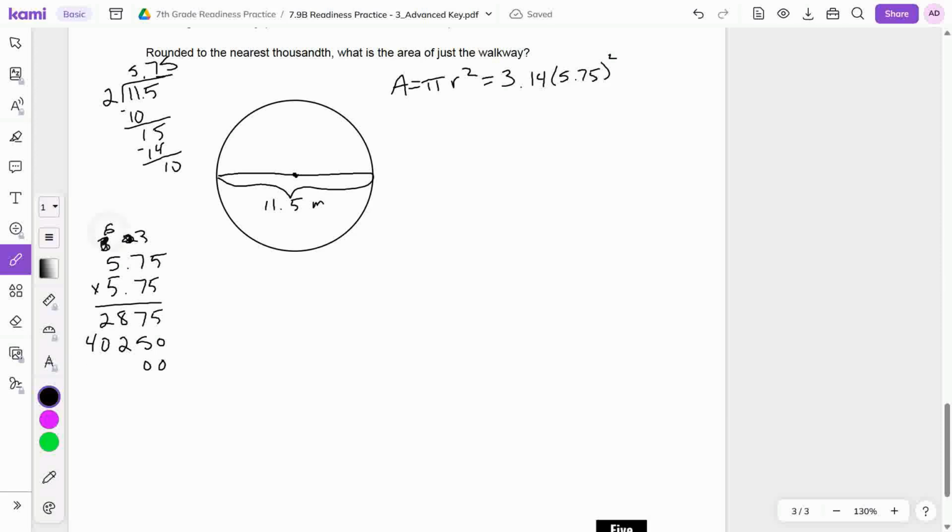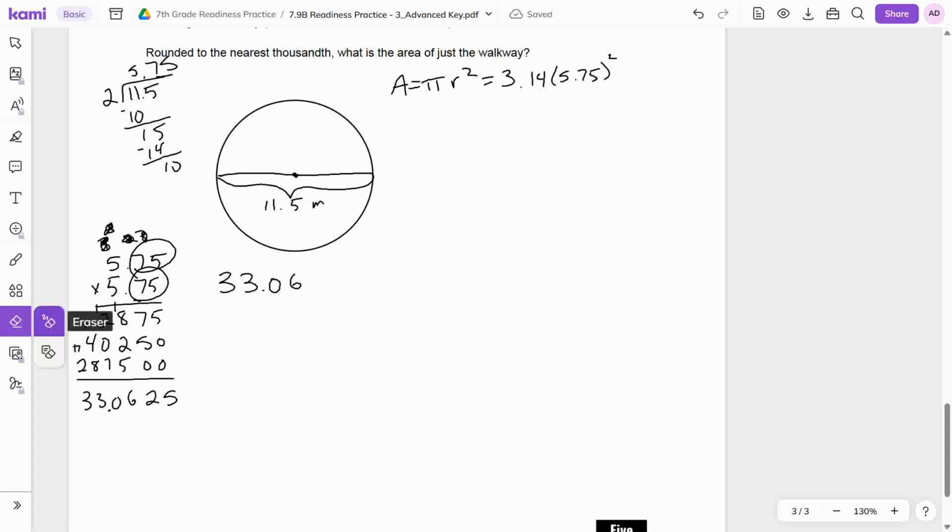Now I already did a 5 times 575 on the first row, so I'm just going to copy out 2875, and we're good. So 5, 12, that's 10, that's 16, that's a 10, 13, and that's a 3. All right, so 1, 2, 3, 4 digits behind the decimal. All right, so what I have here is my radius squared is 33.0625. So let's take that, 33.06. You know what? I'm going to write that a little bit lower.